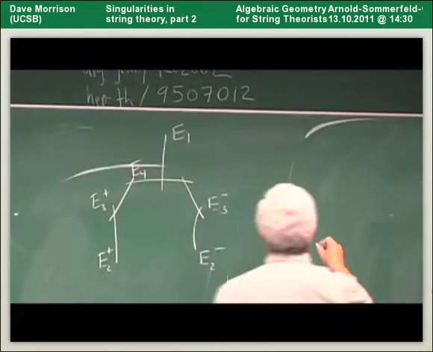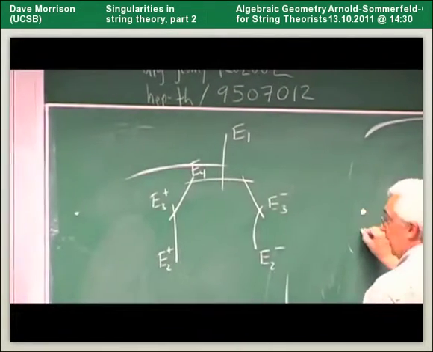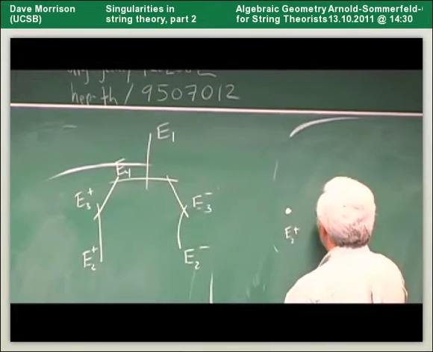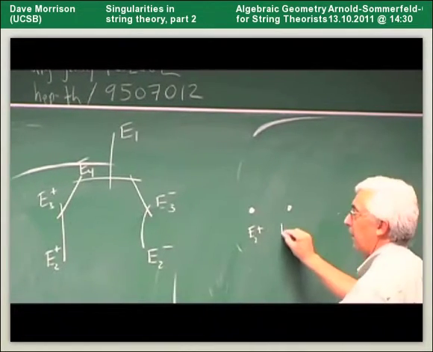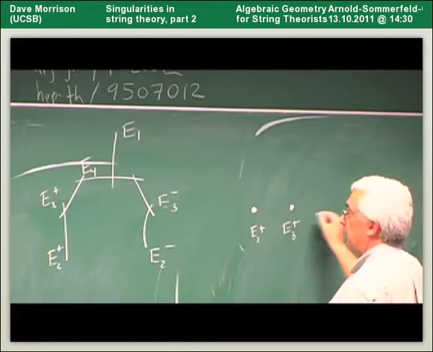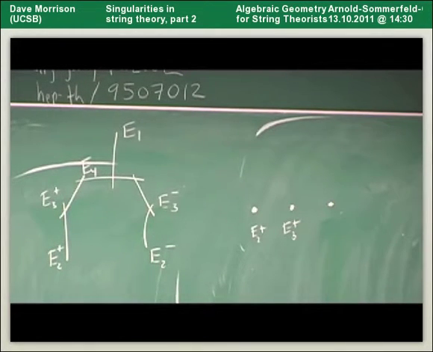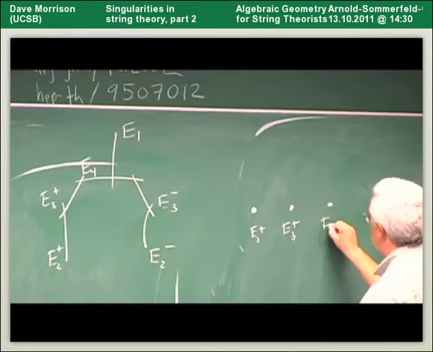So those lines, again, represent P1s. Now, there's a traditional way of representing this data, which is to introduce a dot for each of the exceptional divisors. Maybe they should be labeled by other geometric data. For example, they might have a higher genus. The degree of the normal bundle in the surface is an important piece of information that people often keep track of.